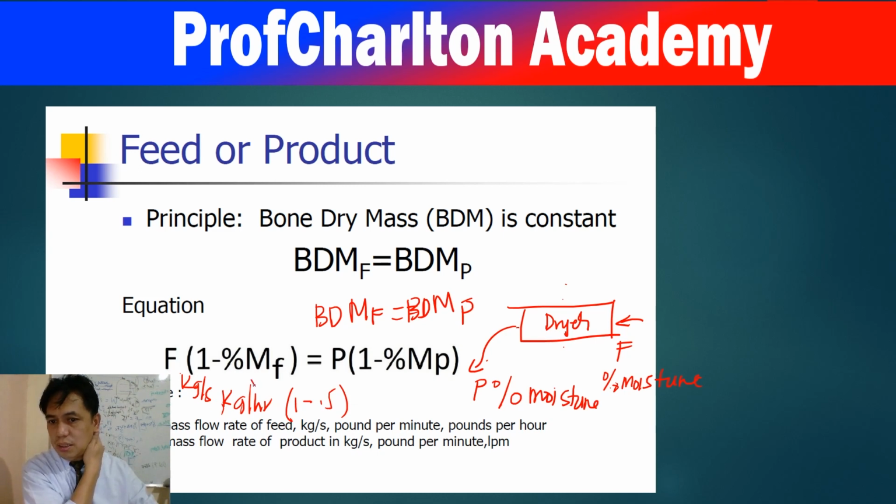Same thing with the product: it has the unit of kilogram per minute, per hour, or per second. It is a mass over time, a rate of flow. Times 1 minus percent M_P, and you will get the bone dry mass with respect to the product, because on the left is the feed and on the right is the product.